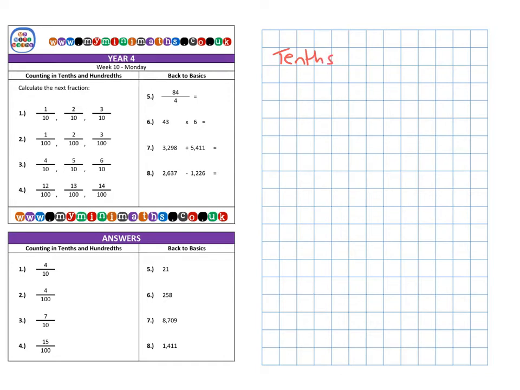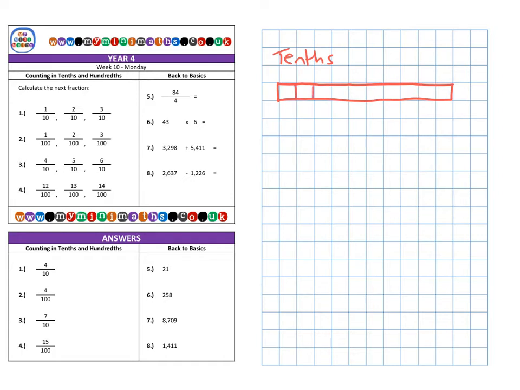It means that we're going to take a cake or a pizza or a chocolate bar or any object you can possibly think of and cut it into 10 exact equal pieces. So imagine we have a chocolate bar like this, and we're going to cut it exactly into 10 pieces.